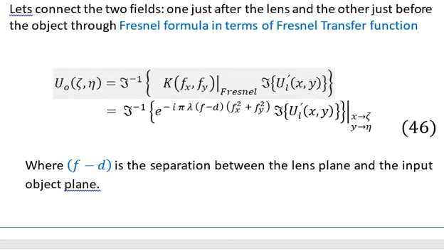On the left hand side we have u naught of zeta and eta, so all the variables at the end on the right hand side of equation number 46 should contain zeta and eta and not x and y.